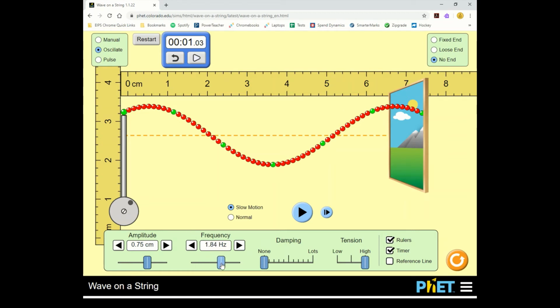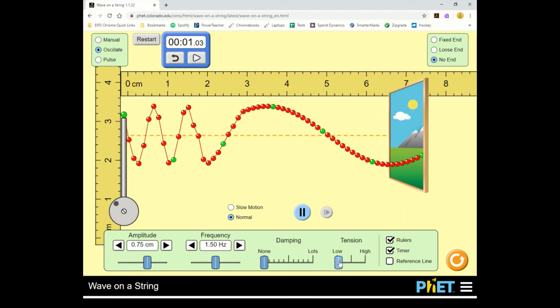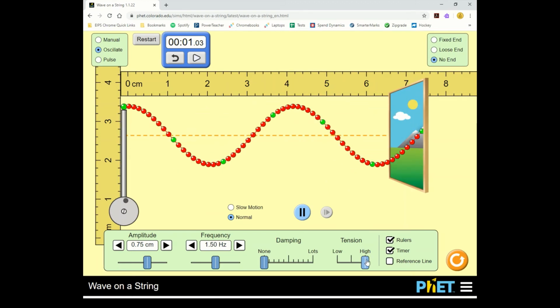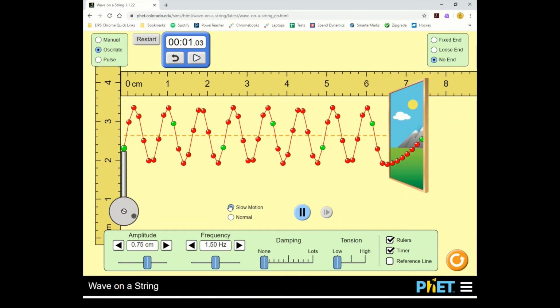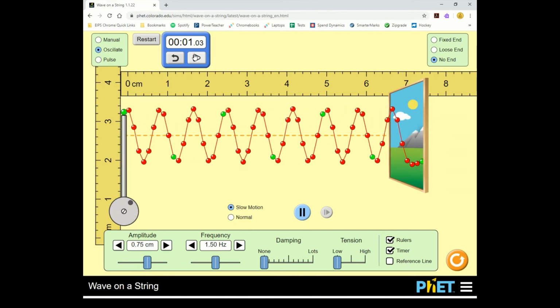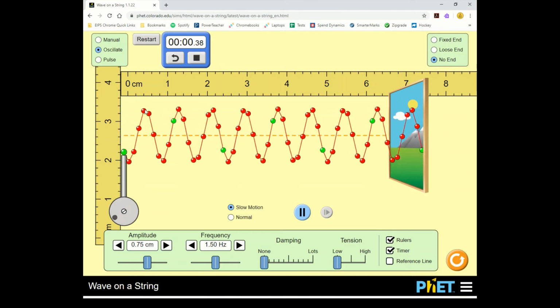So the last thing that we can test is we can change the tension in our wire. Right, so we can have high tension, and then we can have low tension. So if we switch this to slow motion, and then there it is up top, so we're just going to follow this.